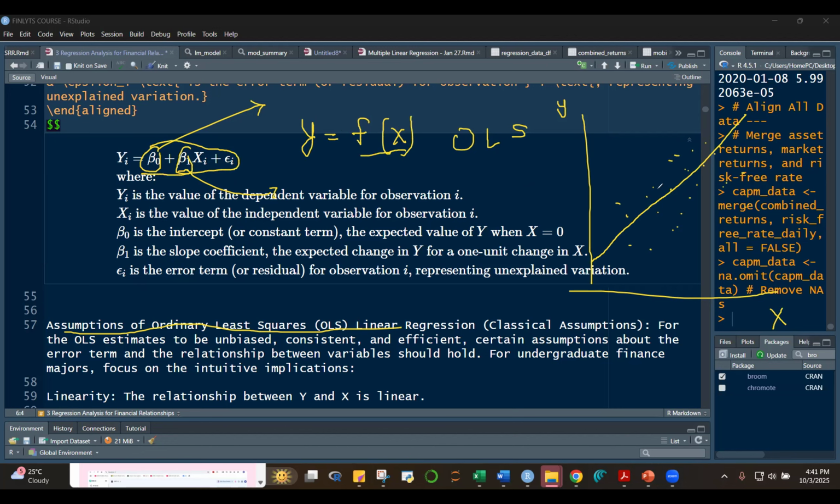We would want the parameters, your f of x is defined by your betas, your parameters, beta null, beta 1, to exhibit certain characteristics so that they are BLUE. They are the best linear unbiased estimators. And for them to be BLUE, these assumptions have to be made.